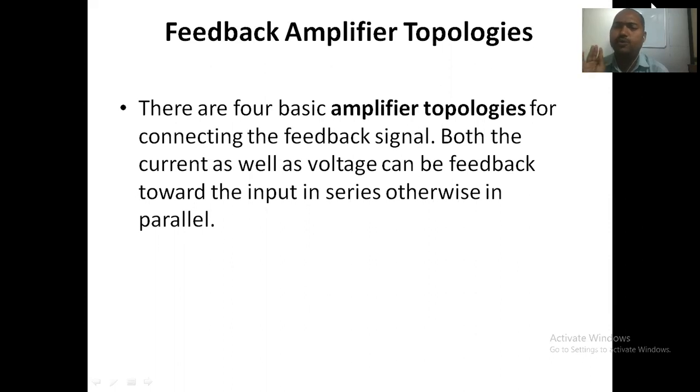Those four words should come with respect to the amplifier topology, because it depends on how it is connected: as a voltage, as a current, in series or in parallel. Accordingly, these words are added to the topology.